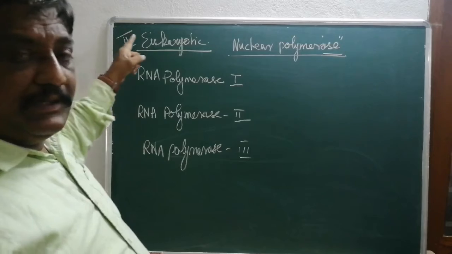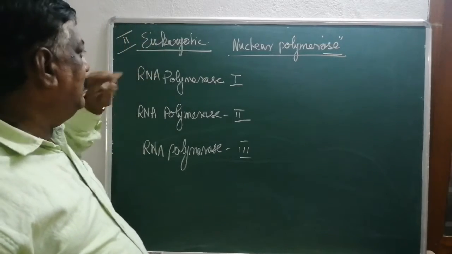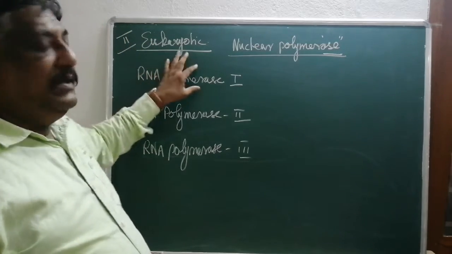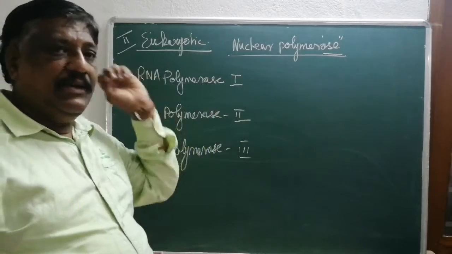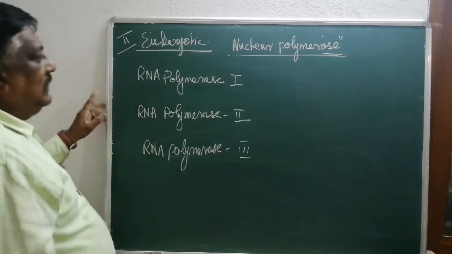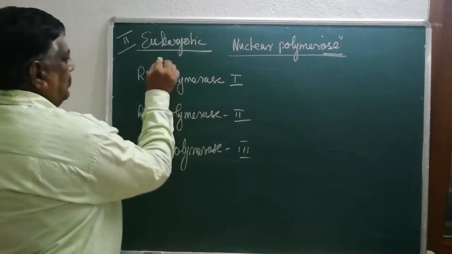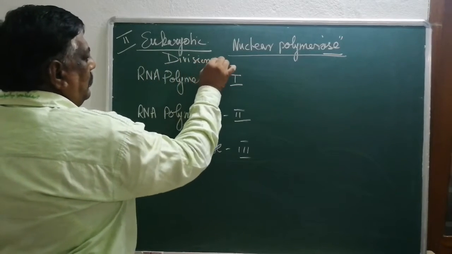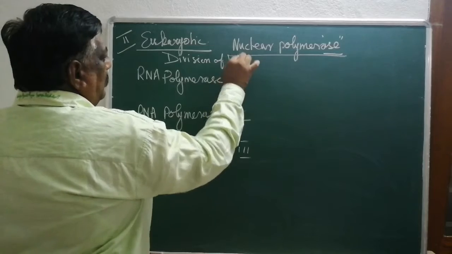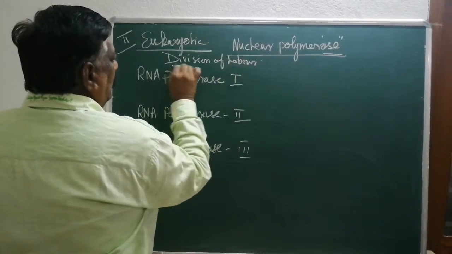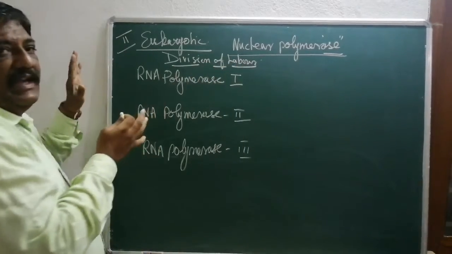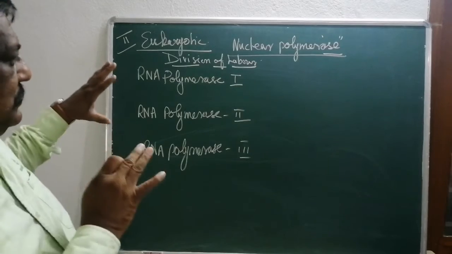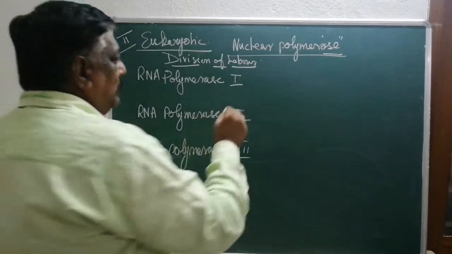But whereas in prokaryotic, that is in bacteria, we have seen RNA polymerase is only one type which does all the work. But here, there is a division of labor. That's why they are higher organisms. Okay? So, they do the work beautifully.